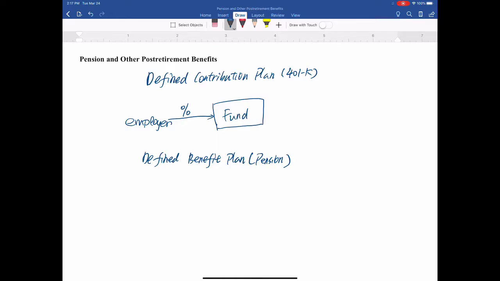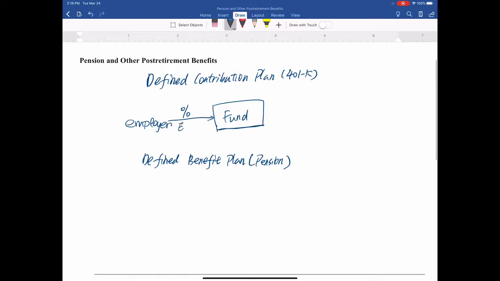The employee may also contribute, and the fund can be managed by the employee herself or by some mutual fund managers. The employer will recognize the contribution as expenses, and the employer only contributes a certain amount to the fund.